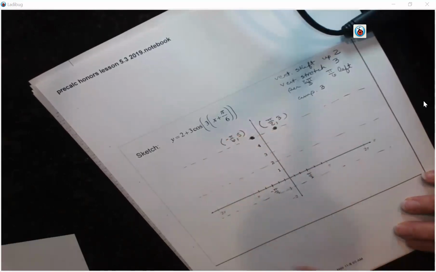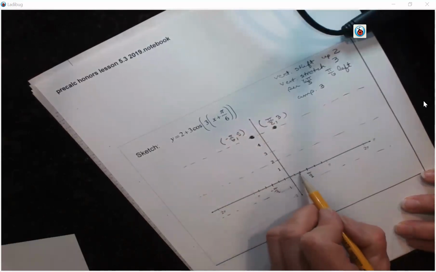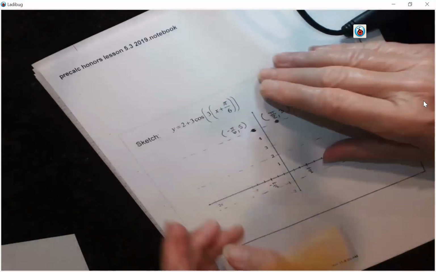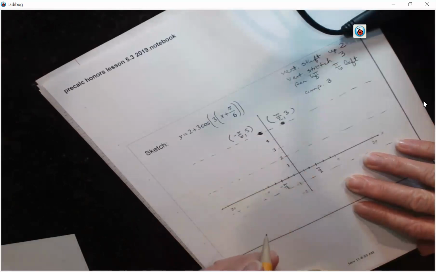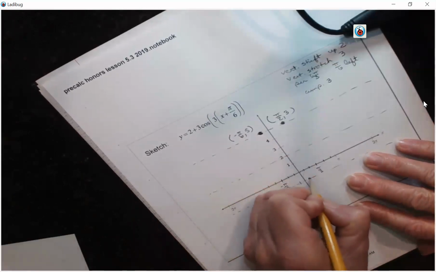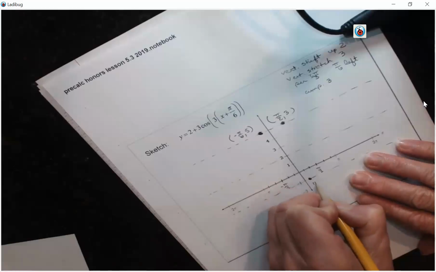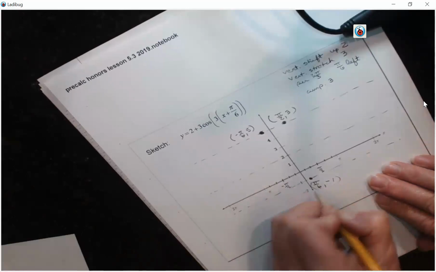And halfway in between there is going to be half of 2 pi over 3. Half of 2 pi over 3 is 2 pi over 6, or 1, 2 of these tick marks. So that puts the low point at pi over 6, negative 1.